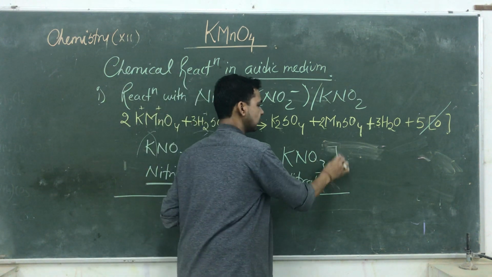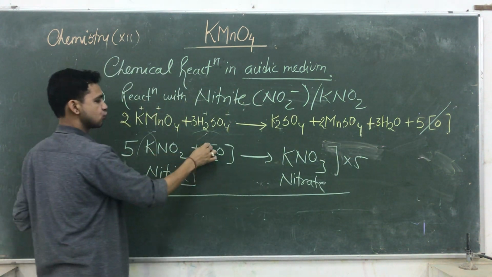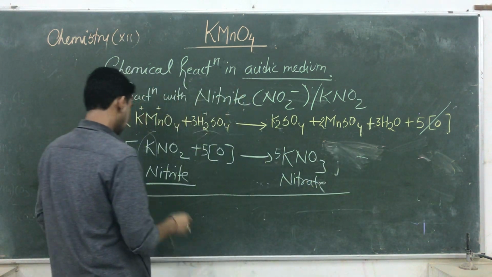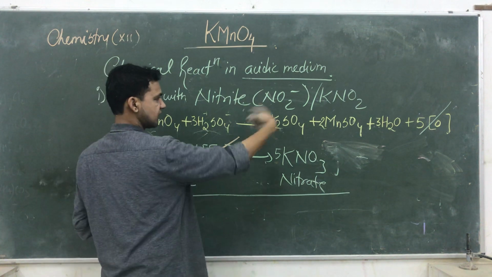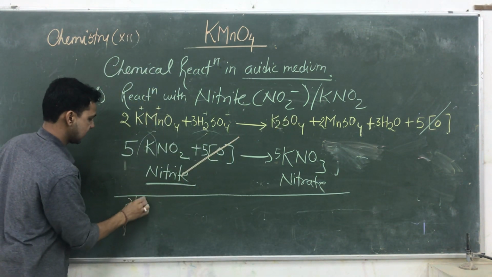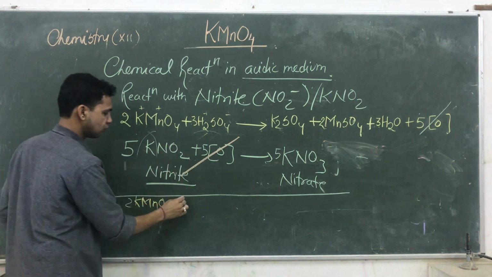So we need to multiply the overall reaction by 5 because oxygen is not balanced. 5 KNO2, 5 O, and we are taking 5 KNO3 and just remove this. And we need to clash the 5 oxygens with the help of another 5 oxygens. So here we are using twice KMnO4 plus how many H2SO4?